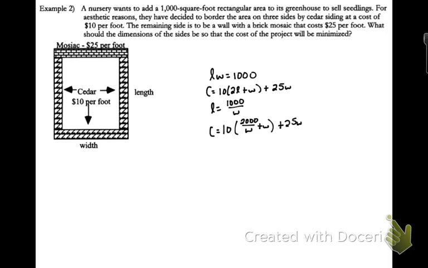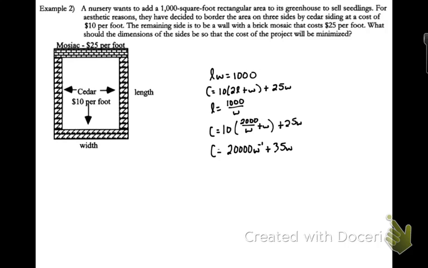And cleaning this up just a bit, I know that my cost function will be equal to 20,000 W to the negative 1 plus 35 W.